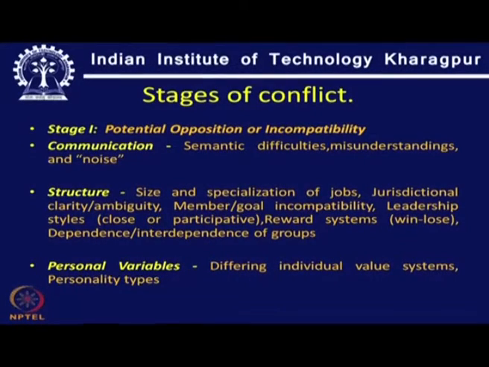When we are talking of stages of conflict, there are 4 different stages of conflict. Here we will cover up to 3 of them. The first stage is potential opposition or incompatibility.